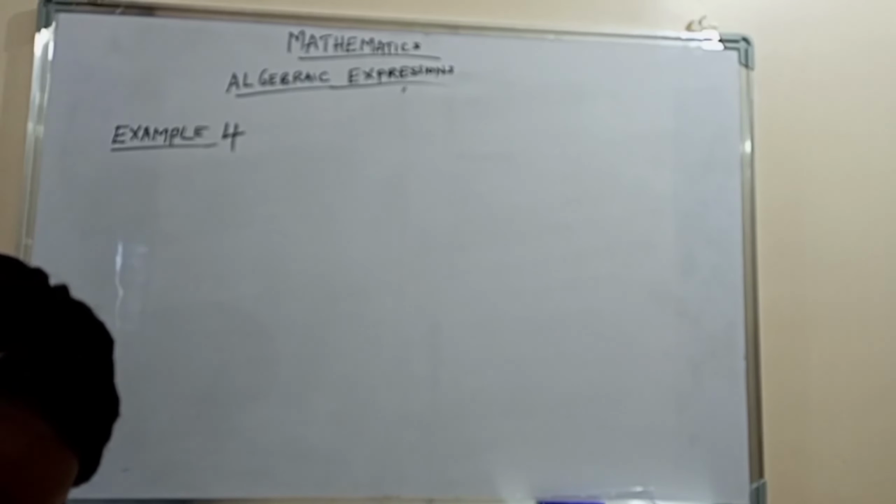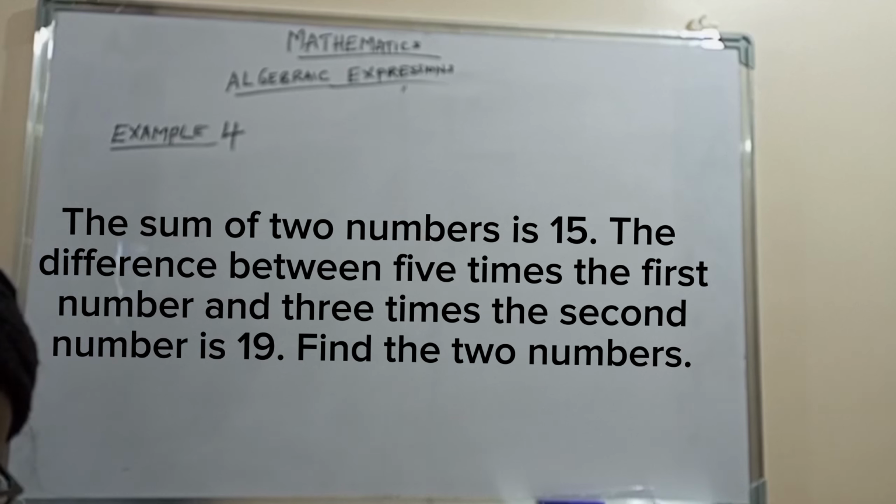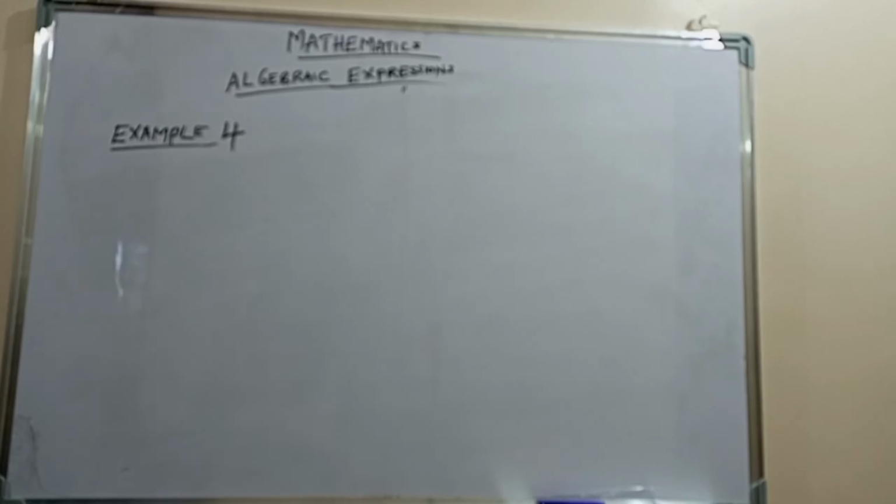Example number 4, we have the sum of two numbers is 15. The difference between 5 times the first number and 3 times the second number is 19. Find the two numbers. So the sum of the two numbers is 15.